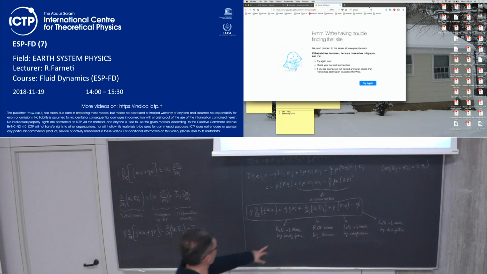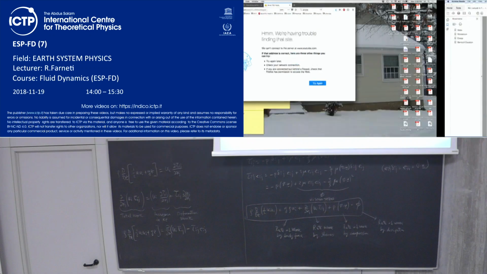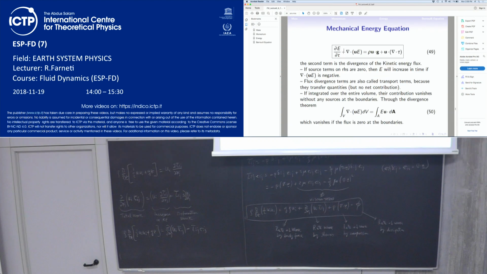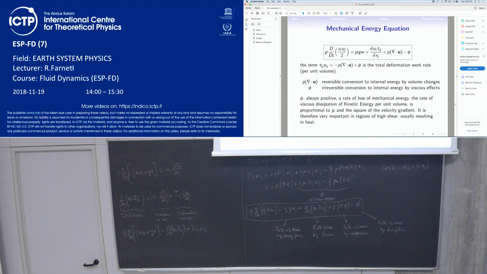This one, yes, that is supposed to be w. Yes. It's in the slide, it's gz. Well, it's a railroad gw.